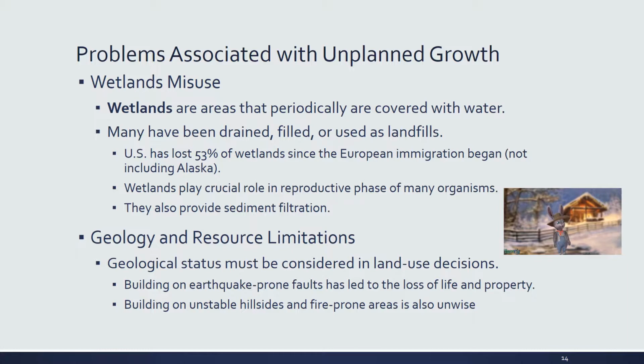Now, some other issues, and this goes along with the previous slide too. Wetland misuse, we call this. That means areas that are periodically covered with water, we drain. And this is not new. This goes back to the 1400 Dutch. Every culture does this. New York and Boston were built on this.